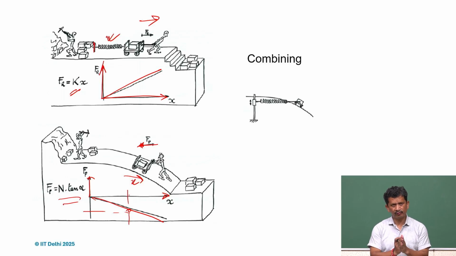So what happens if we combine them? Suppose we lower the load on the ramp and then connect this part with this spring. Of course these two stiffnesses will be added, and if it's finely tuned, if both the positive and negative K are matching, we can get a zero stiffness.